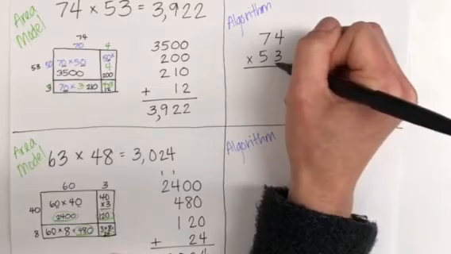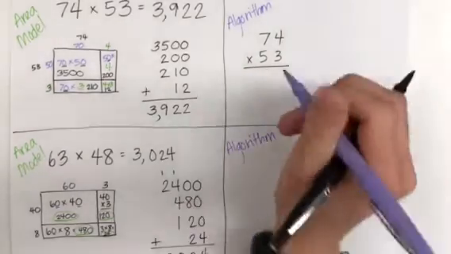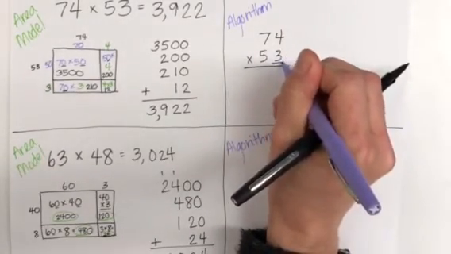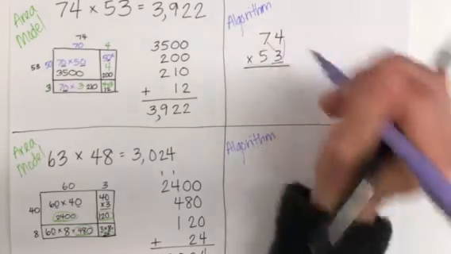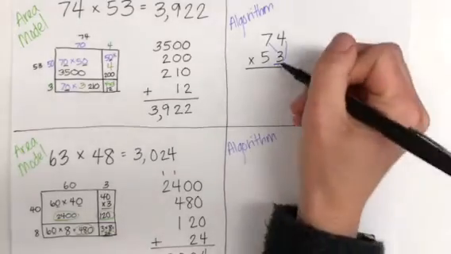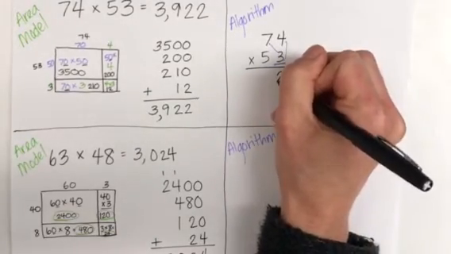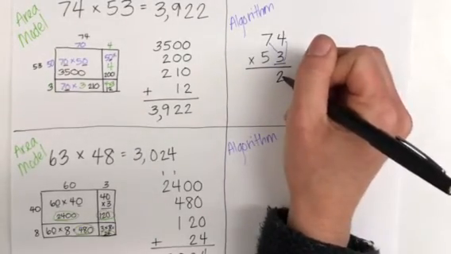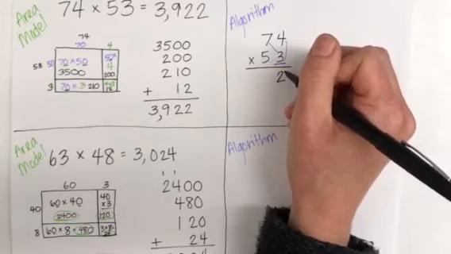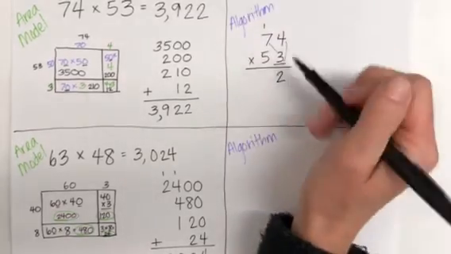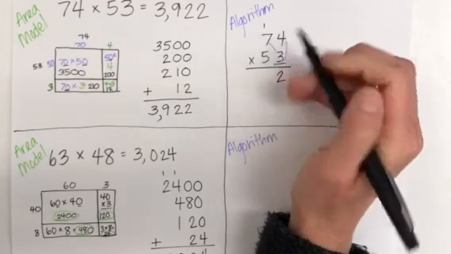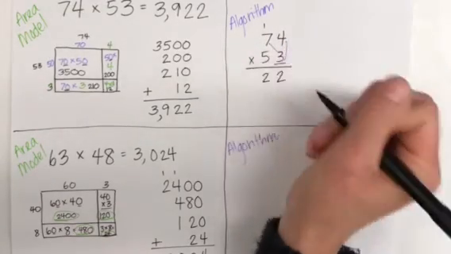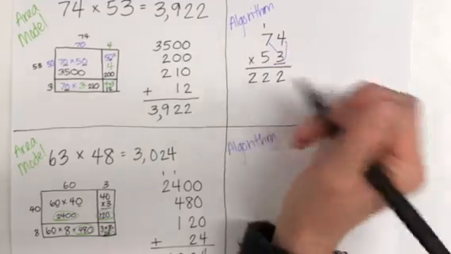So I always start in the ones place, and I'm going to do 3 times 4, and then I'm going to do 3 times 7. So 3 times 4 is 12. I can put the 2 ones here, but that 10, the 1 in the 12, is going to go up here. And then 3 times 7 is 21, plus 1 is 22. So here's my 2 and the 20.